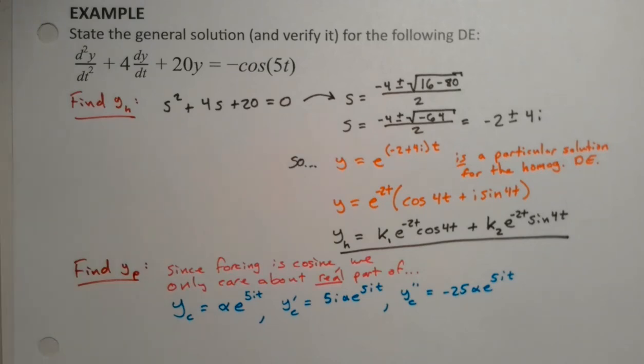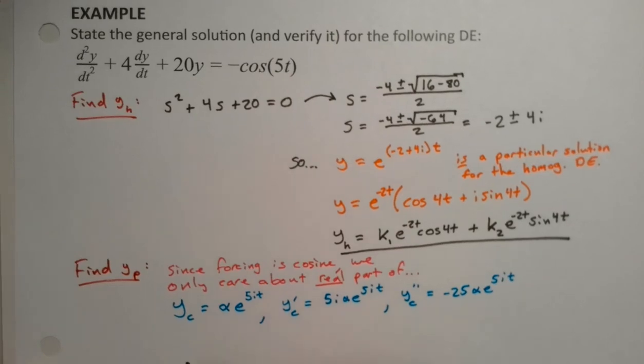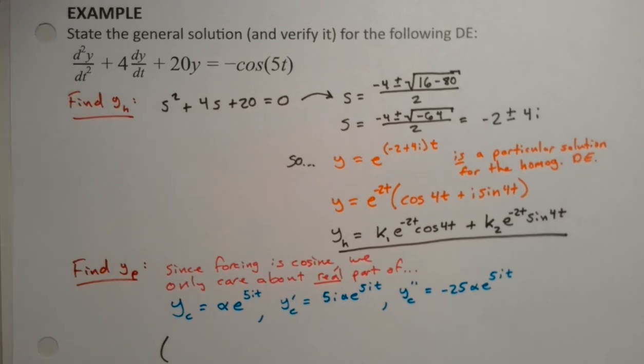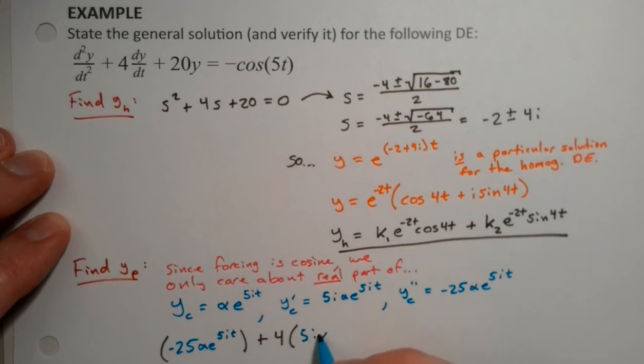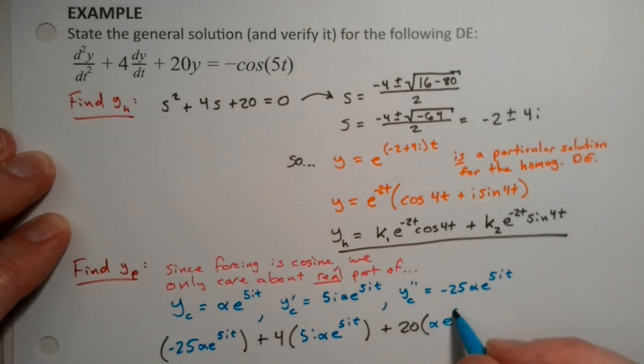And see what kind of value we get for alpha. So if I sub those into my differential equation at the top, it says take the second derivative, which we know, I'm going to keep up with the color coding here, negative 25 alpha e to the 5it, plus 4 times the first derivative, which is 5i alpha e to the 5it, plus 20 times the original guess, alpha times e to the 5it.